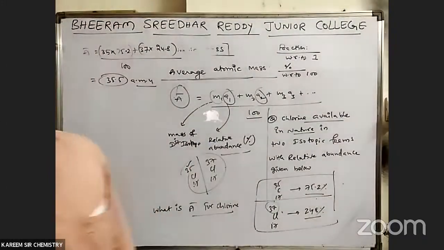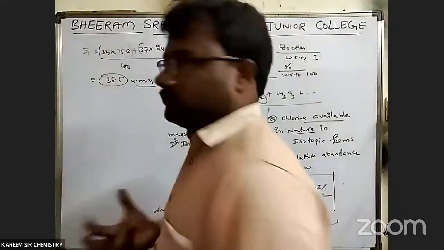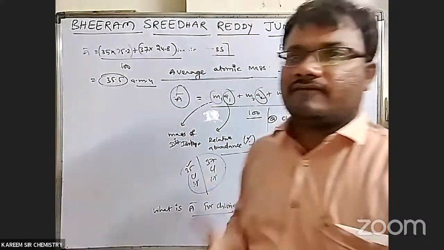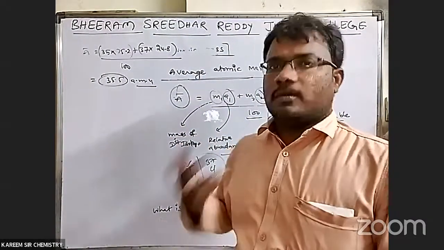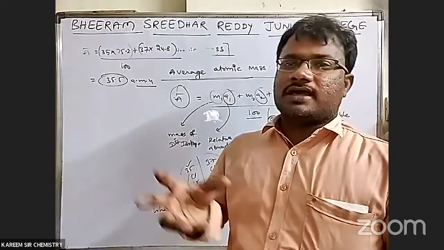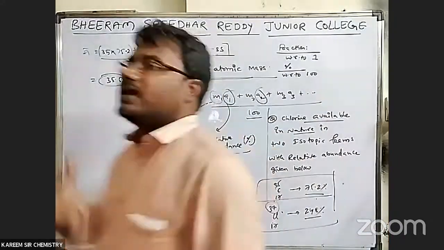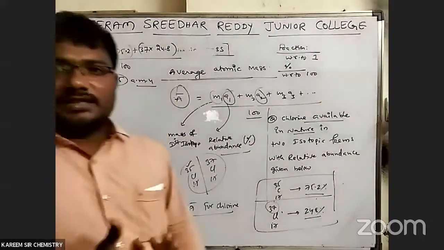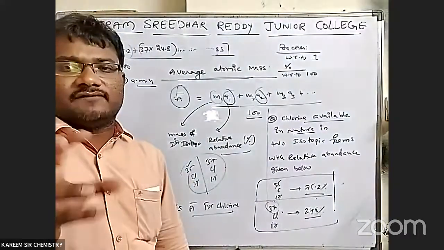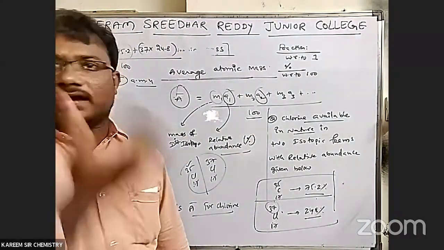Atomic mass means the mass related to an atom. How much mass is there for an atom, we can take as the atomic mass. That arises due to the presence of protons and neutrons, because they are the massive particles inside the atom. So the collection of the proton and neutron masses will give the atomic mass.